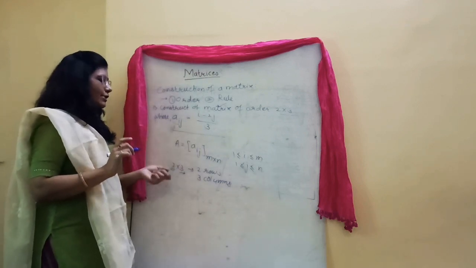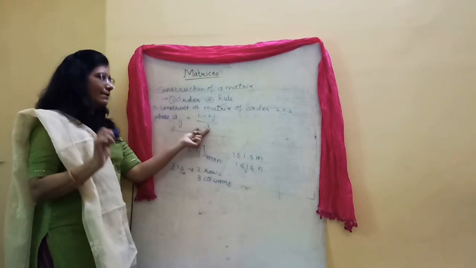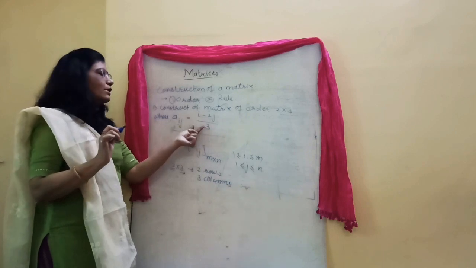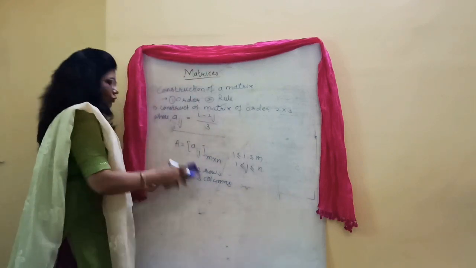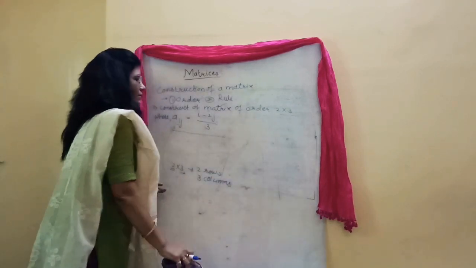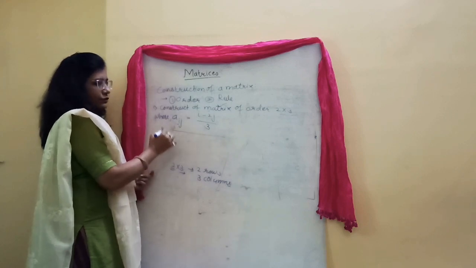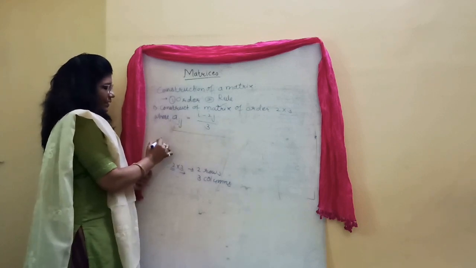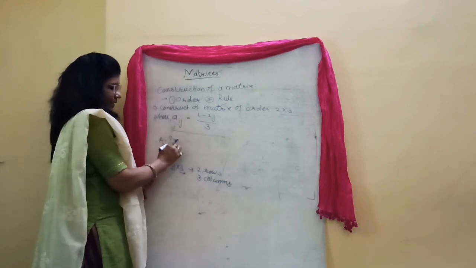So how many rows and columns, and what is the rule all the elements of a matrix are satisfying, this is also important. Okay, so here 2 rows are there and 3 columns are there, and now the general form of the matrix which we have to construct: 2 rows and 3 columns.